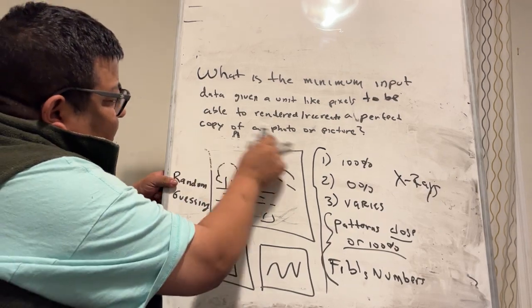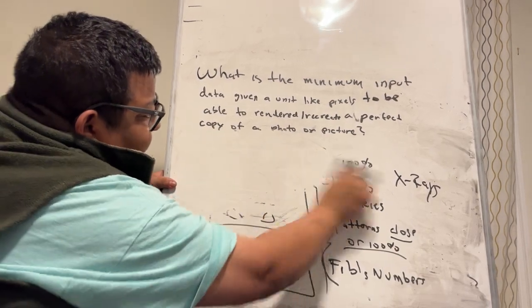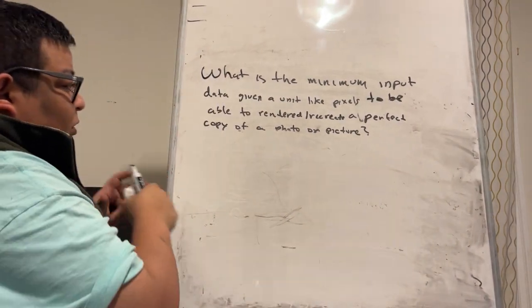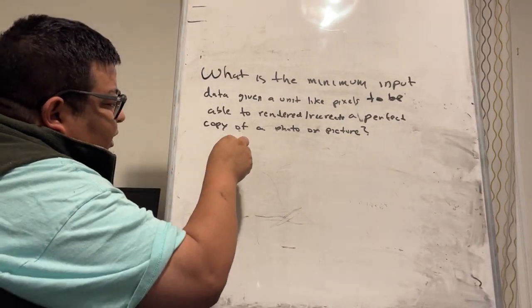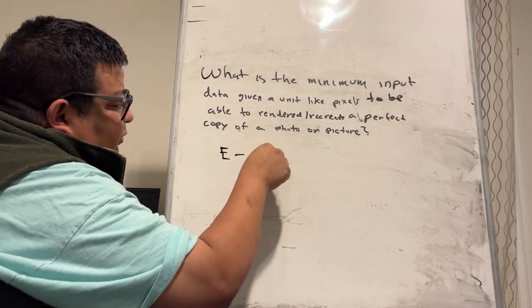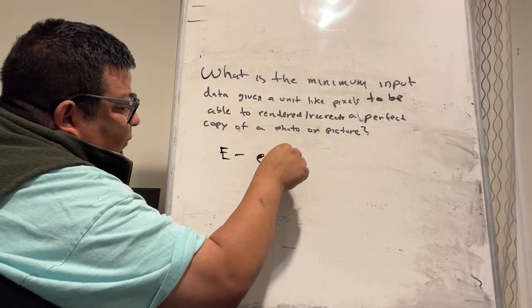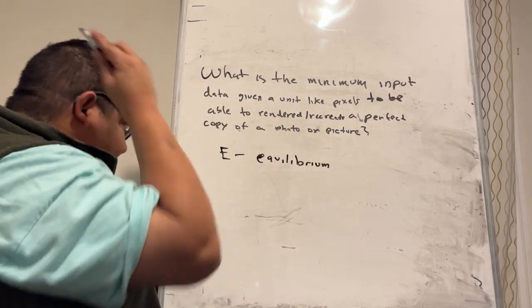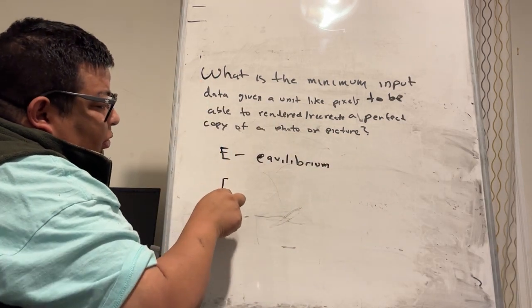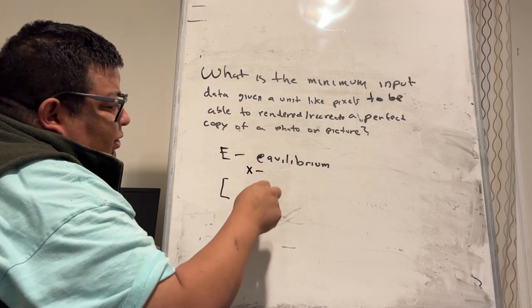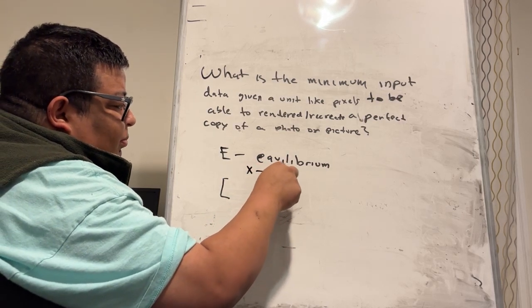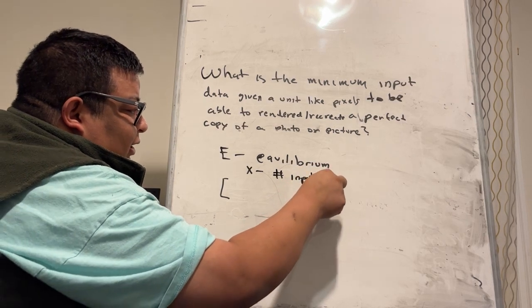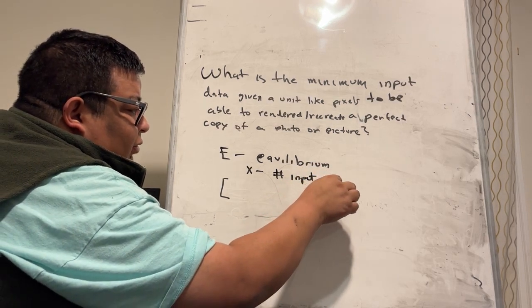Let me put it this way. Let's say that E stands for equilibrium, and X is the number of input data, or datum.